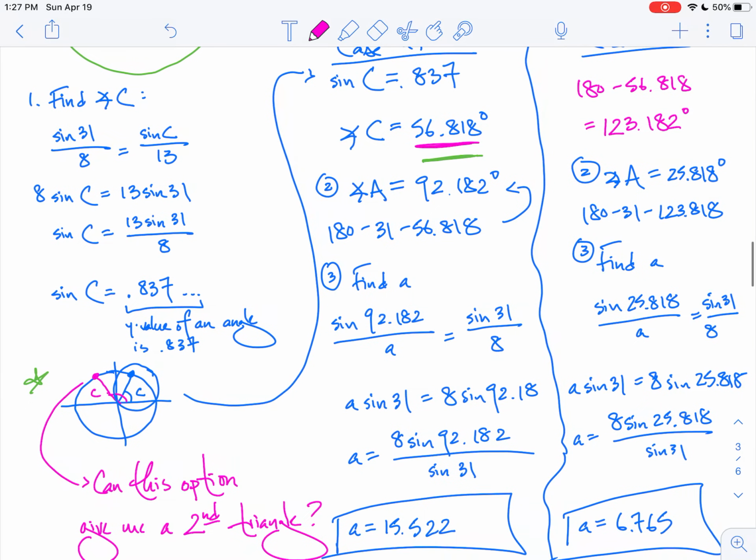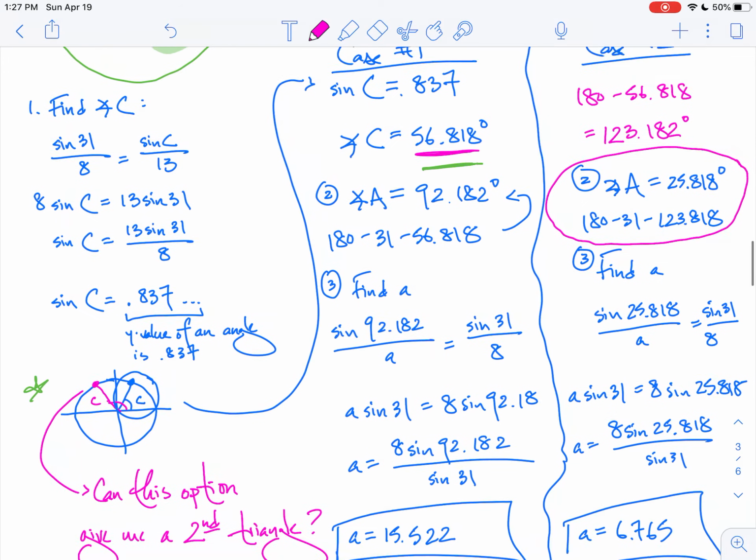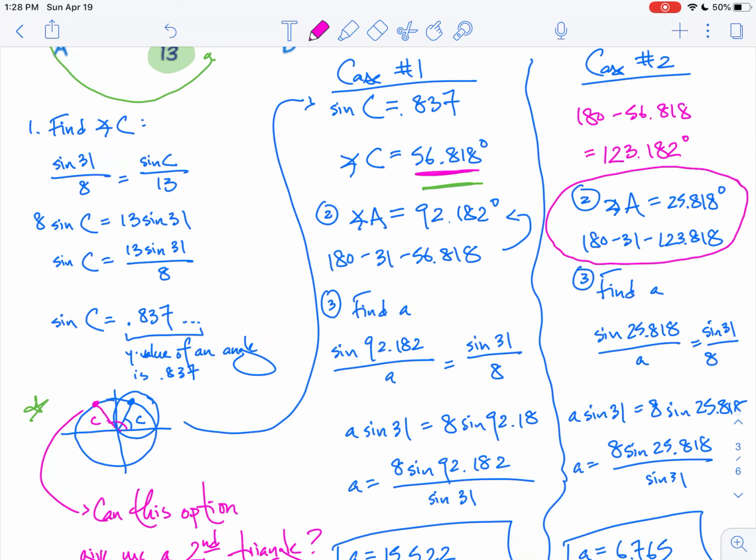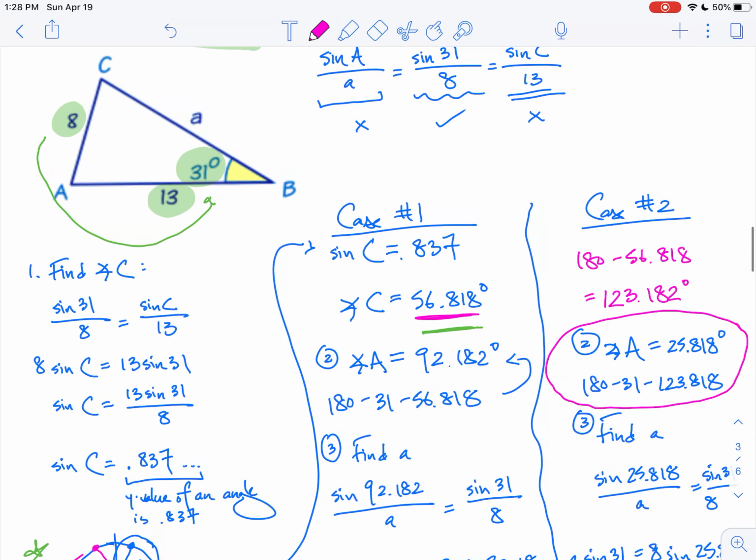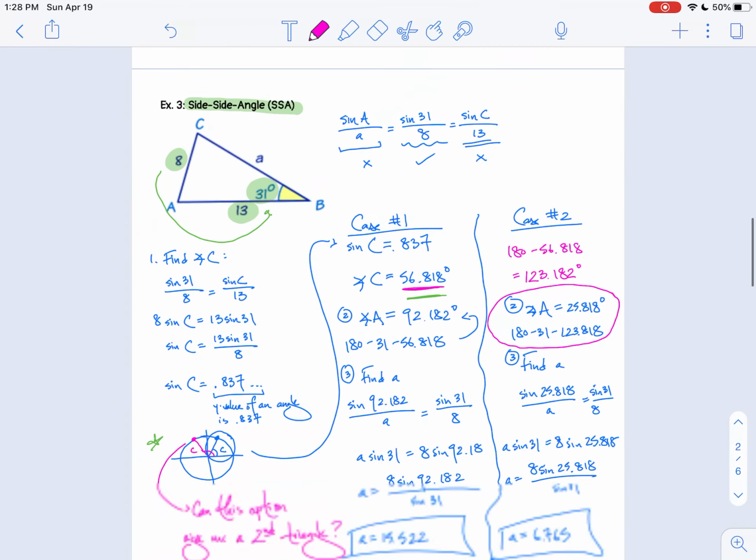And I'll tell you when you're gonna know that. If you try and find the third angle and you've already used up your 180 degrees, then there's no second triangle. But in this case, we were able to find two different third angles. So that means that for this particular case, we could have two different possibilities, okay?